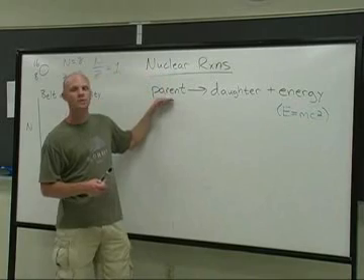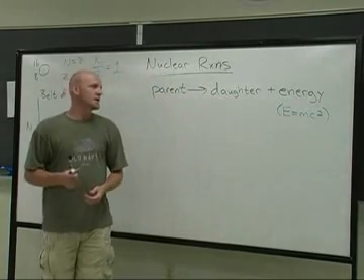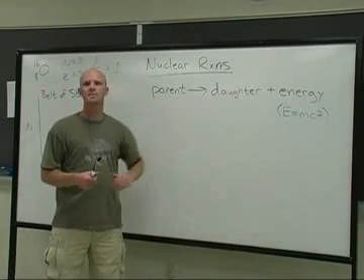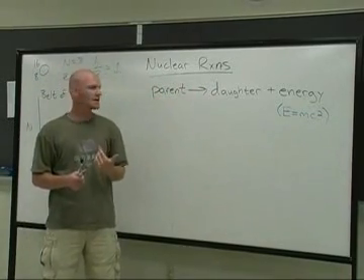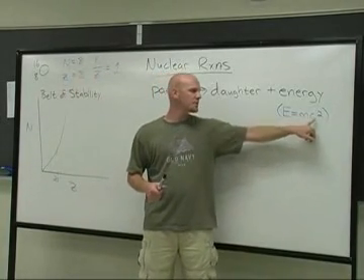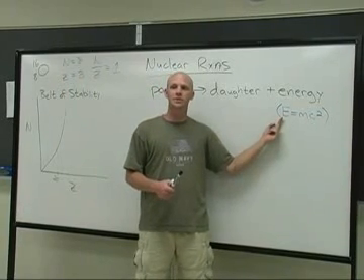So the parent nucleus will always be heavier than the daughter nucleus. That's a little bit deceptive, as we'll see in a sec, but it's always a very small amount of mass that's lost. But if you look at this equation, you take that amount of mass and multiply by the speed of light squared, and that tells you how much energy it's been turned into, so to speak.